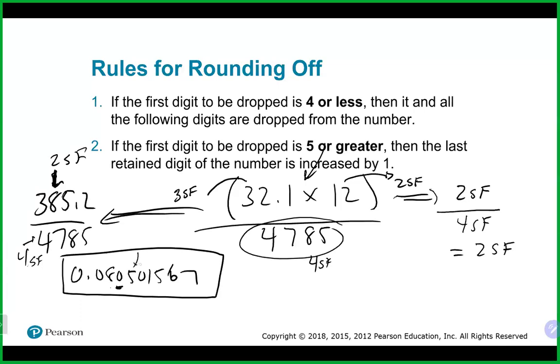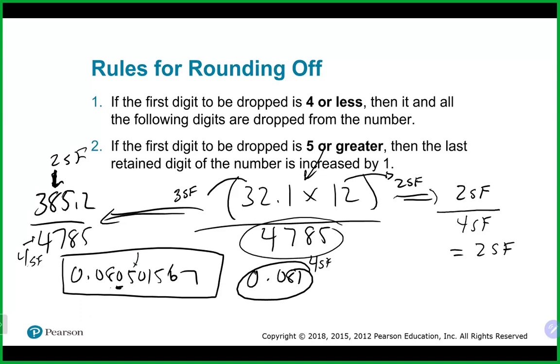And because that is a 5, we would actually round up in this case. And we would end up at 0.081 would be our proper answer. So again, it's really important not to round too much until the very end, but you do have to keep track of everything that you're doing along the way. Question on that there?